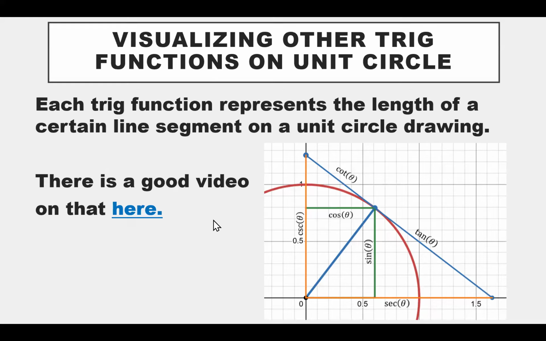Now, you can actually visualize what lengths these represent along the unit circle. There's a couple of good videos out there. I'll link that in the description of this video. But let's just talk through it. We know that the cosine of theta is the x distance to the point.